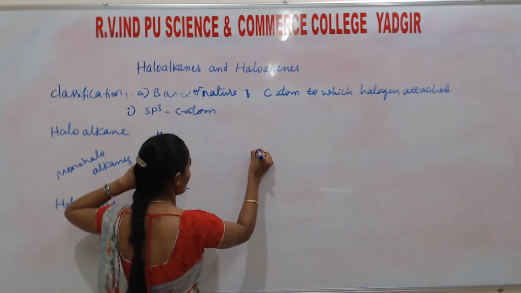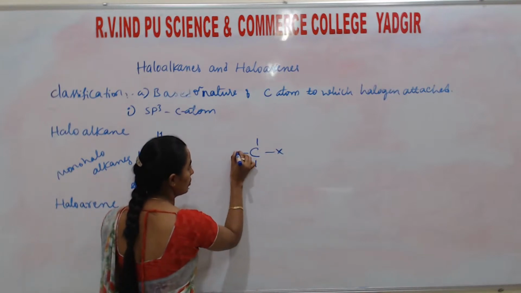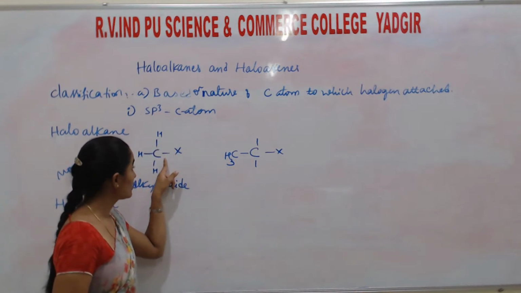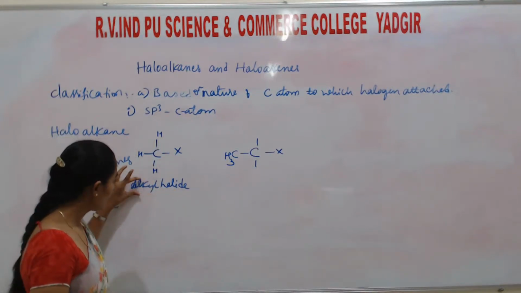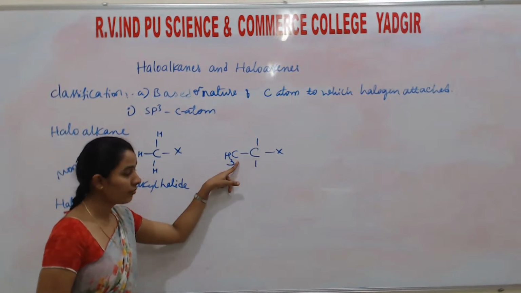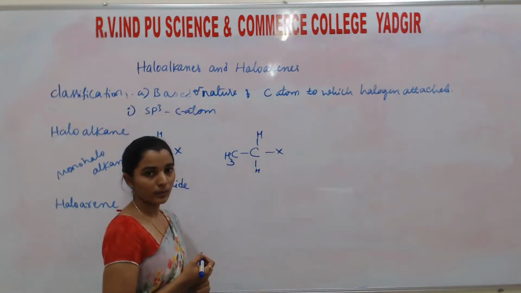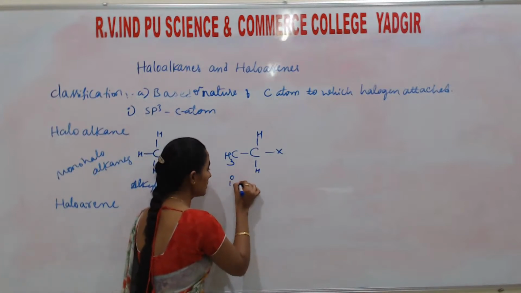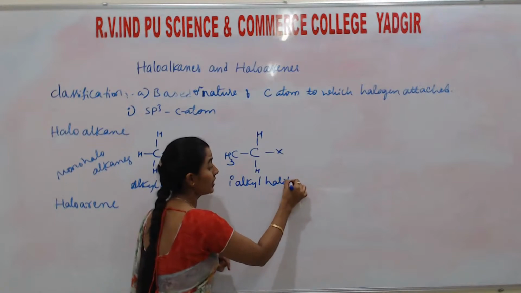Next, if the carbon to which the halogen is attached is bonded to one carbon atom and two hydrogen atoms, meaning that carbon is further attached to another carbon, then it is a primary alkyl halide or primary haloalkane.